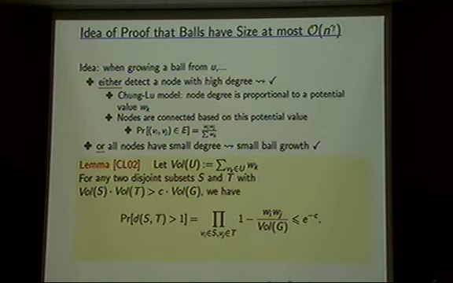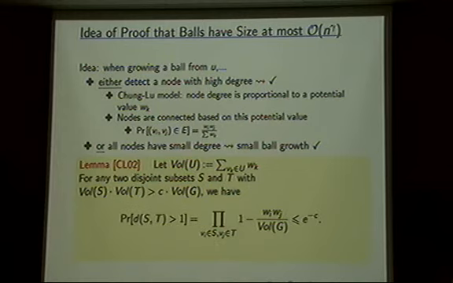The ball is over because this is a landmark. And if we don't have a node with a high degree, then on the way all the nodes had small degrees, so the ball growth is fairly small. So we have a small ball until we hit the node with large degree, and then we are done anyway. And this is formalized as follows.